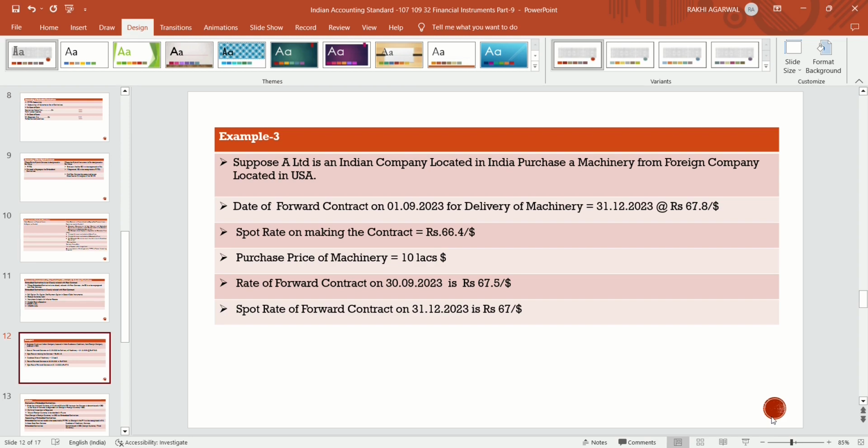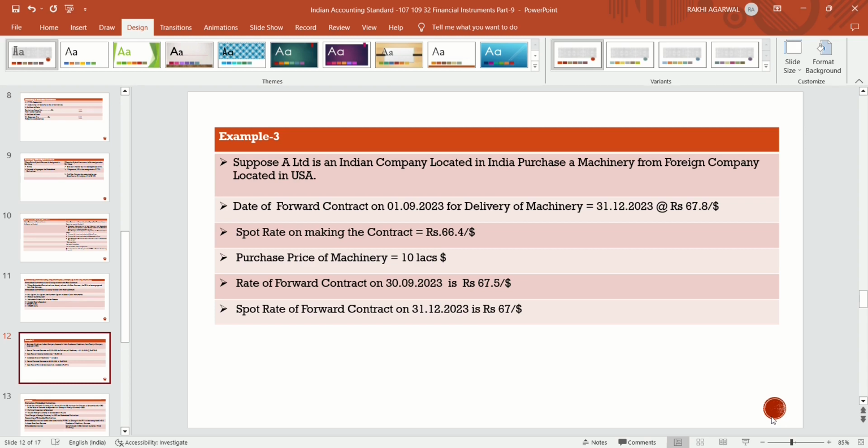Suppose A Limited is an Indian company located in India purchasing a machinery from a foreign company located in USA. The date of forward contract is 1st September 2023 for delivery of machinery.